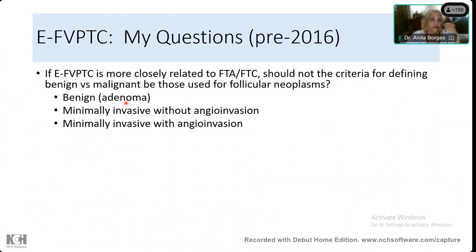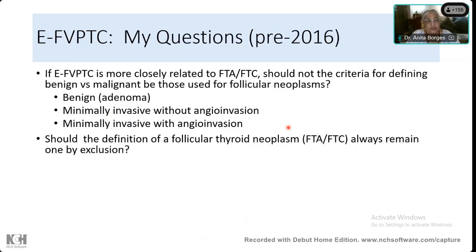And we should be calling them benign if they're non-invasive. And we should be calling them adenomas, and we should be calling them minimally invasive with and without angioinvasion. I was almost clear on these points.